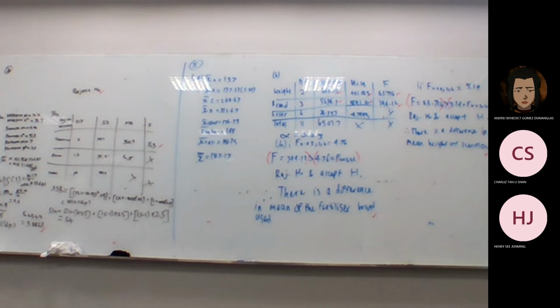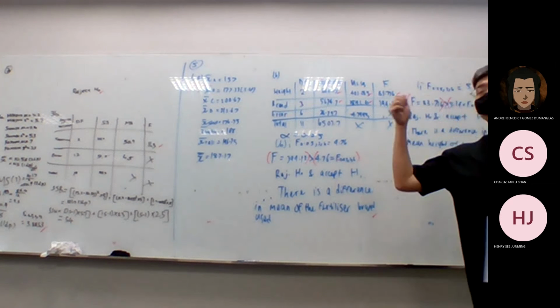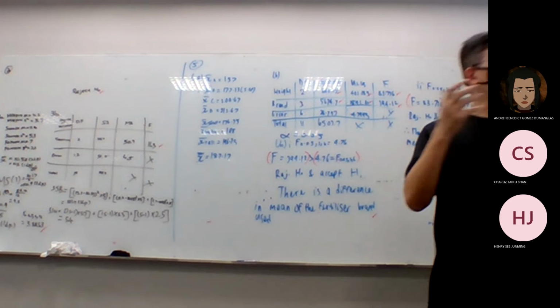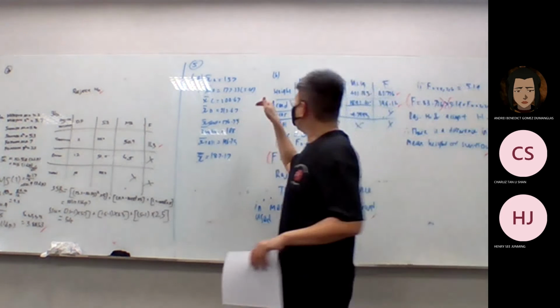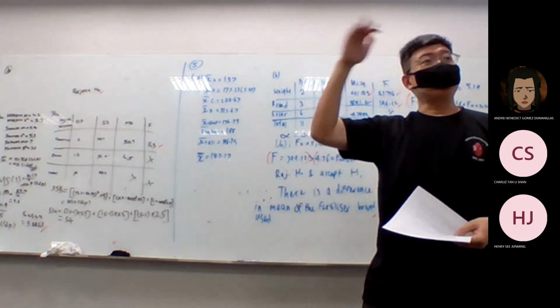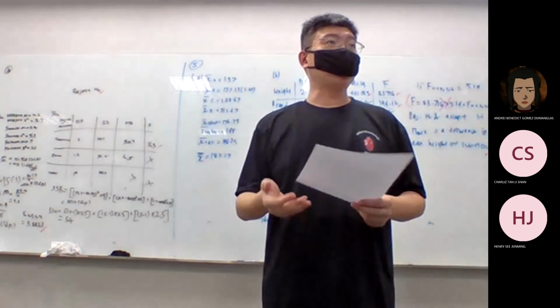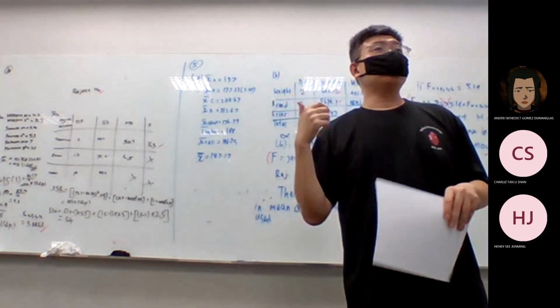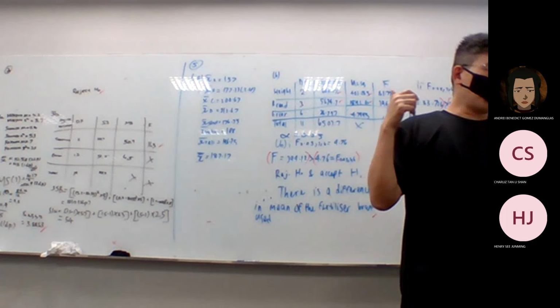What are the assumptions for one-way ANOVA? There's actually 3 assumptions. One is independence. That means the data must be randomly collected for all 3 of them. Normality. For each of the samples, the data must be normally distributed. The third one, just now we've alluded to it, is the homogeneity of variance.